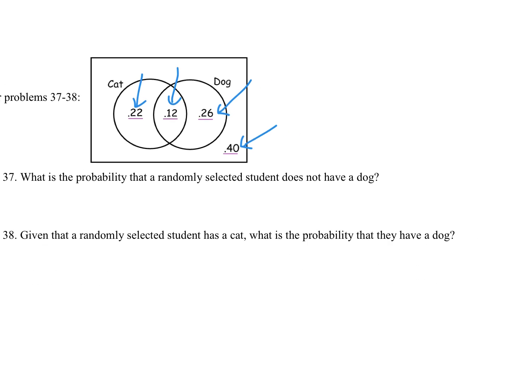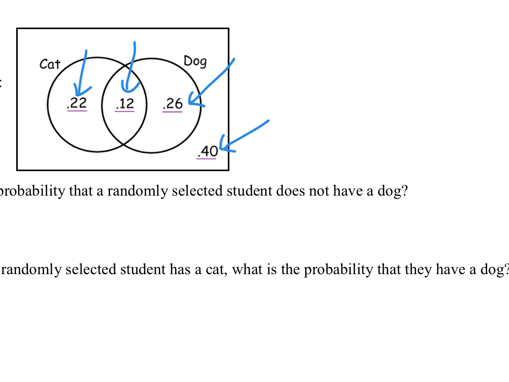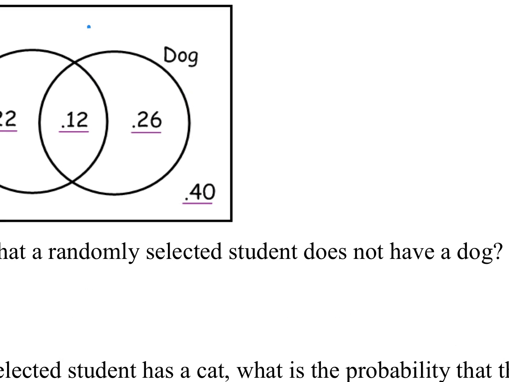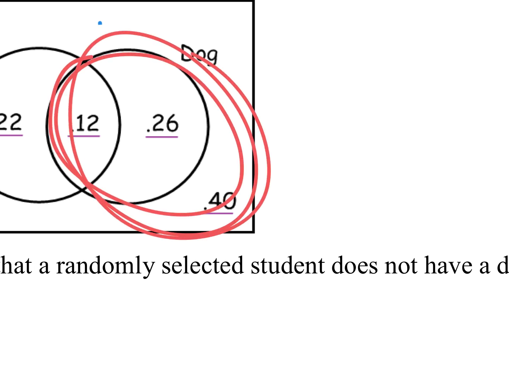All right. So usually these are just combinations where you're like, well, what's the probability of this given that? Well, if they say that, for instance, you have a dog, given that you have a dog, then you only use these numbers. You have to use only those numbers because they said given you have a dog.